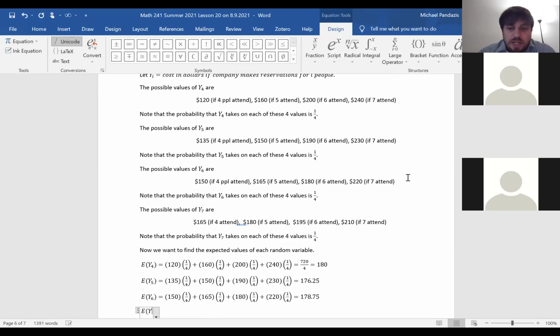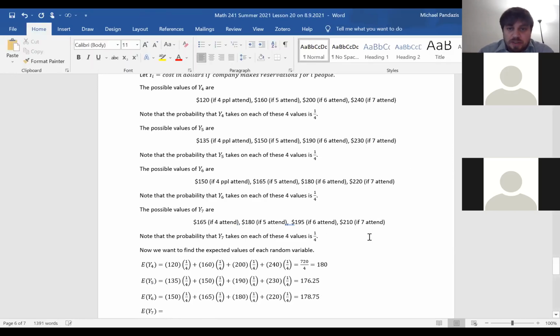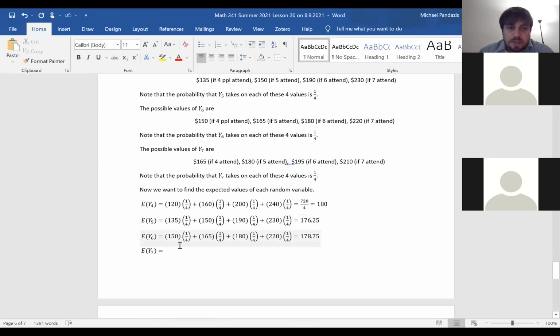Then E of y sub 7 is equal to, take each possible value of y sub 7, these 4 possible values, and multiply them by their corresponding probabilities, which are each 1/4. Add those products, and you get E of y sub 7.